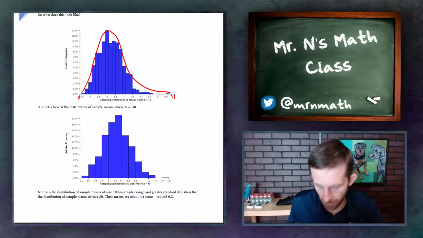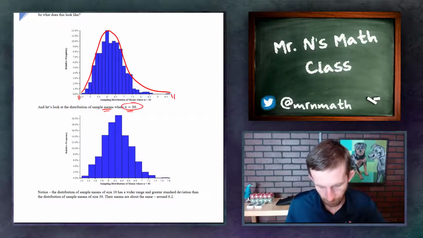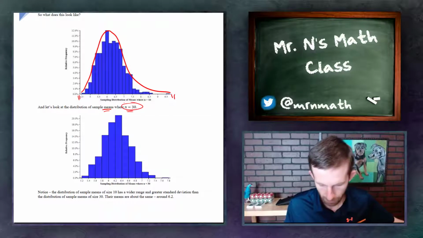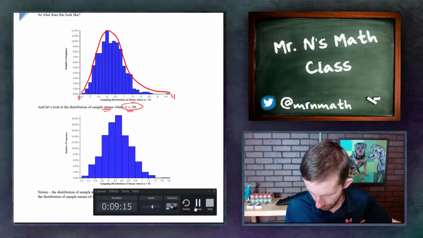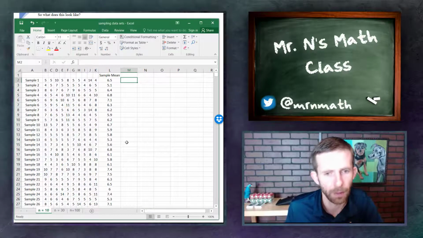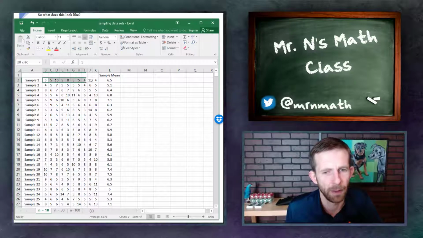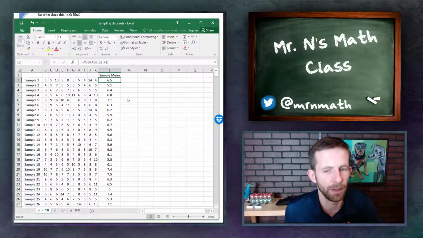Now here's the distribution of sample means of size 30. Let me take a look at something. Here's what this data looks like. Here's a random sample: the lengths of the letters of 10 different last names, and then here's the sample mean.